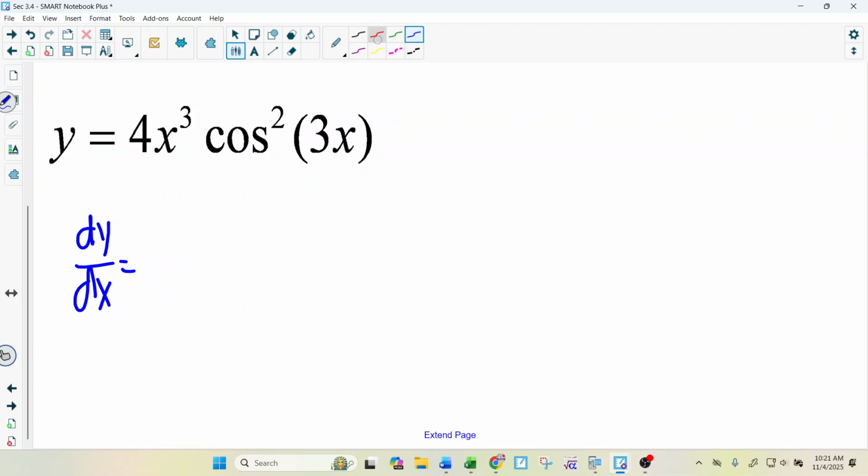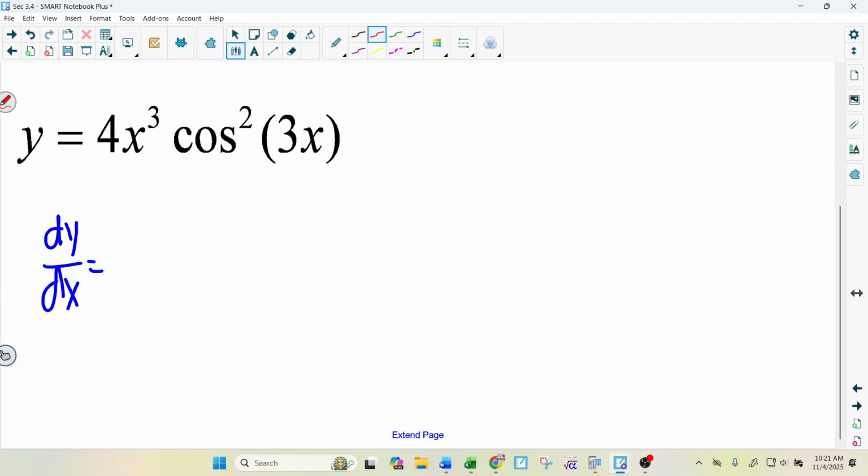Let me rephrase the question. What is the derivative of the product of 4x squared and cosine squared of 3x? So we're trying to find the derivative of the product of two things. So what do we have to use? Product rule.